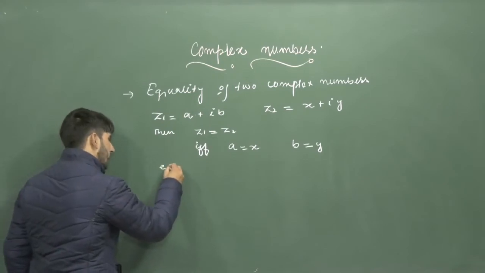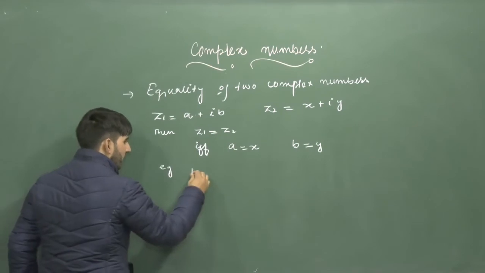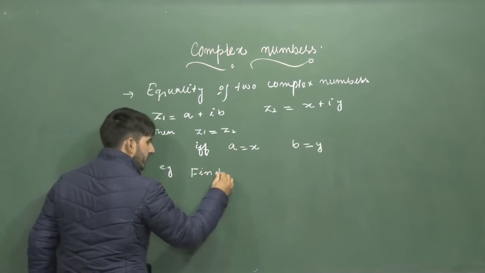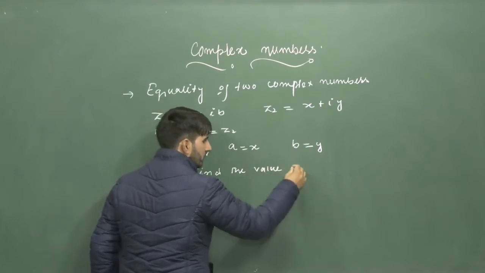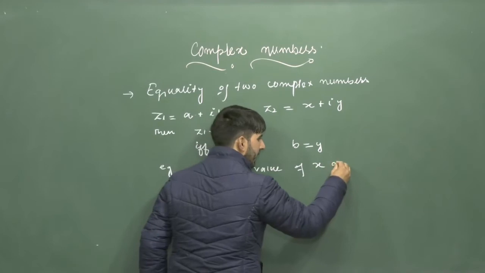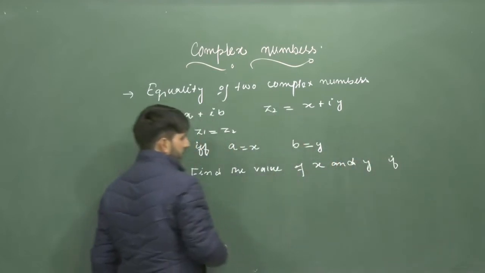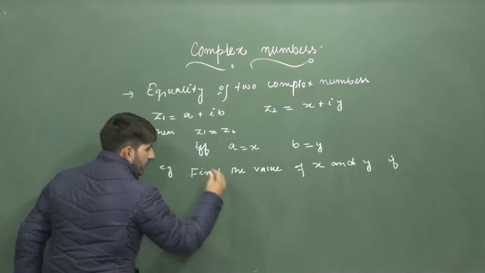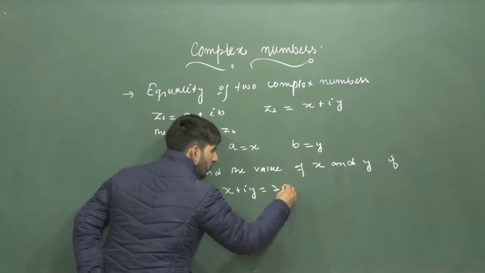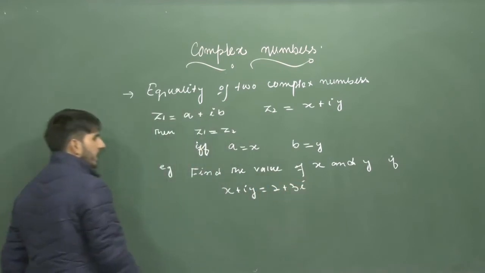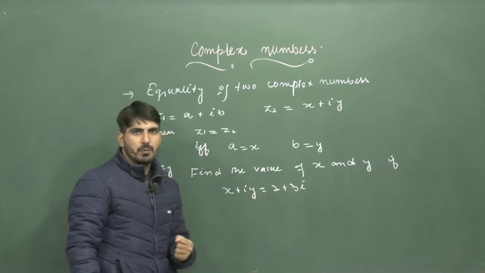For example, we have a question like this: find the value of x and y if x plus iy is equal to 2 plus 3i. It is given that these two complex numbers are equal.